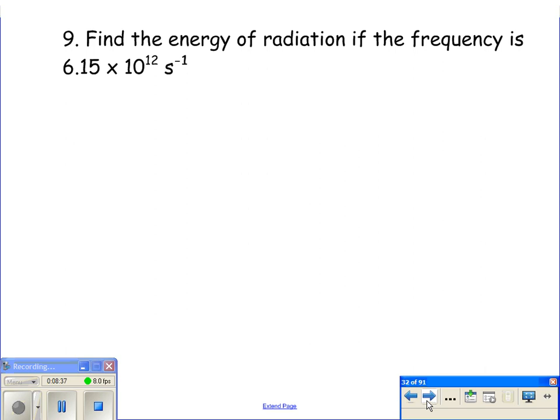We can also use that formula to determine how much energy a wave has. So in our example here, it says find the energy of radiation if the frequency is 6.15 times 10 to the 12th waves per second. So we take the energy formula, which equals Planck's constant times frequency.